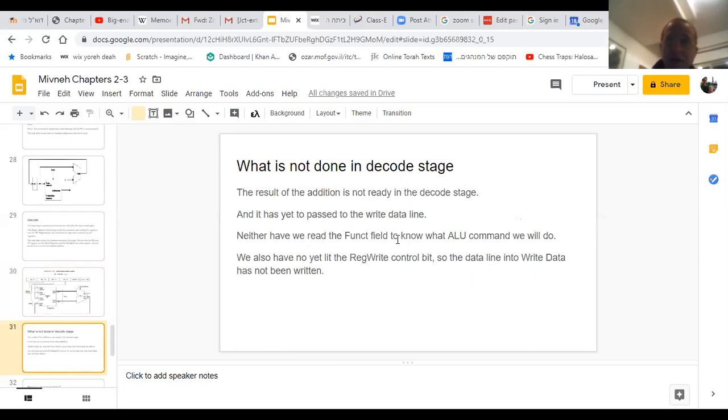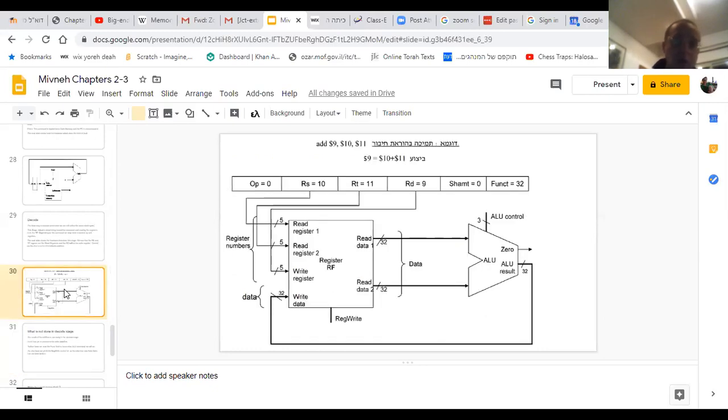Neither have we read the function field to know what ALU command to do. Over here, we have not even checked what this function is. Remember, it's 0 over here. We don't know if it's 32 or 43, if it's subtract. So this ALU control line, these 3 bits, haven't yet been set.